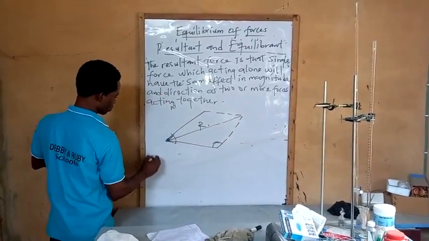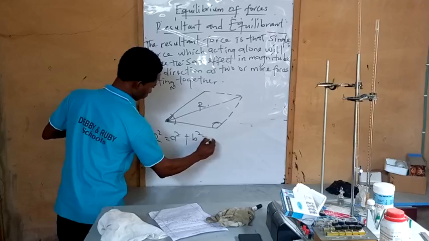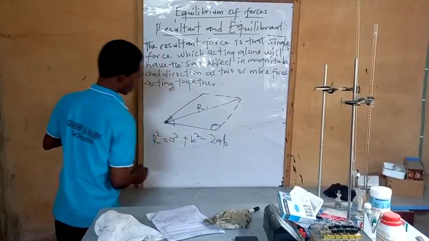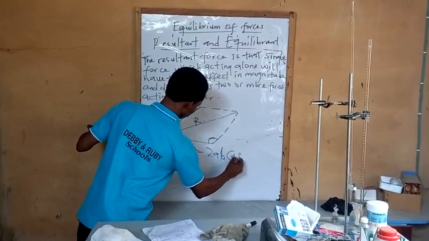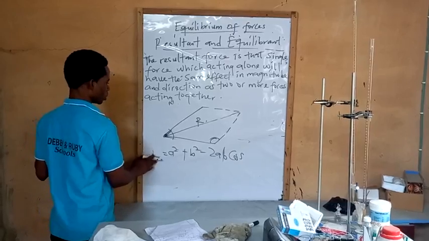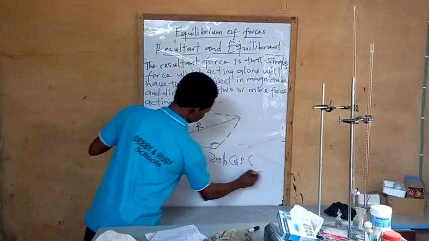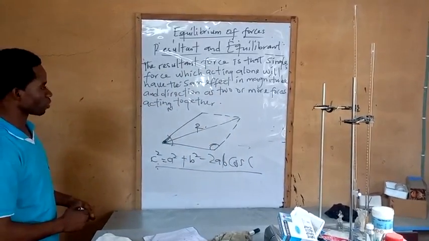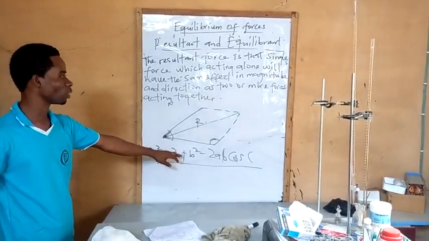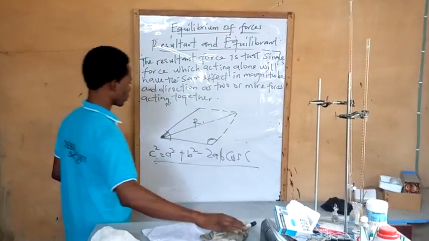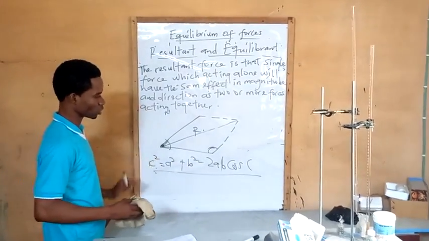Here the resultant will be a squared plus b squared minus 2ab cos C, where C is the angle I'm looking for. We use the cosine rule formula. If it is less than 90 degrees or greater than 90 degrees, we use the parallelogram for the resultant. That is for the resultant.